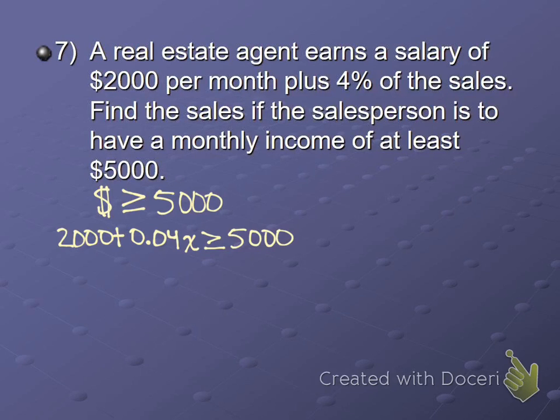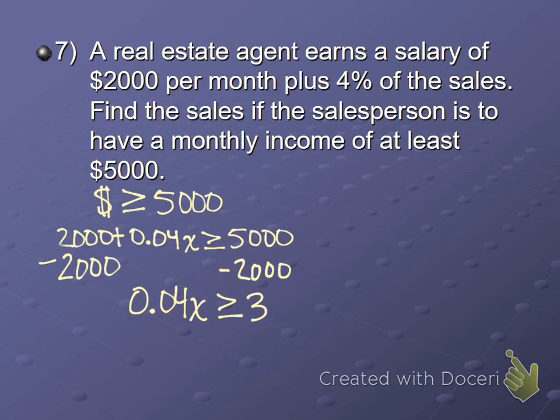Now our next step is to solve this. I'm trying to get x by itself, so I am first going to subtract the 2,000 from both sides, leaving me with 0.04x is greater than or equal to 3,000.